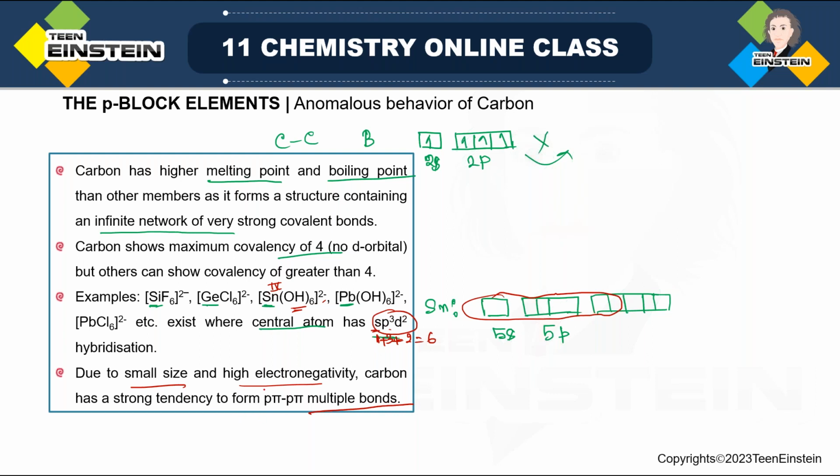So these are the different factors by which carbon behaves differently: melting point and boiling point high, covalency limited to 4 while for others it can be extended to 6, and pi bond formation tendency is maximum for carbon. These are the features based on which carbon shows anomalous behavior when compared to other members of the same group.